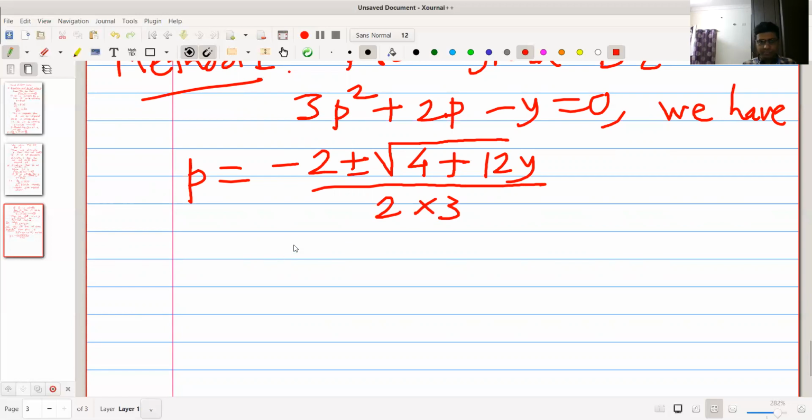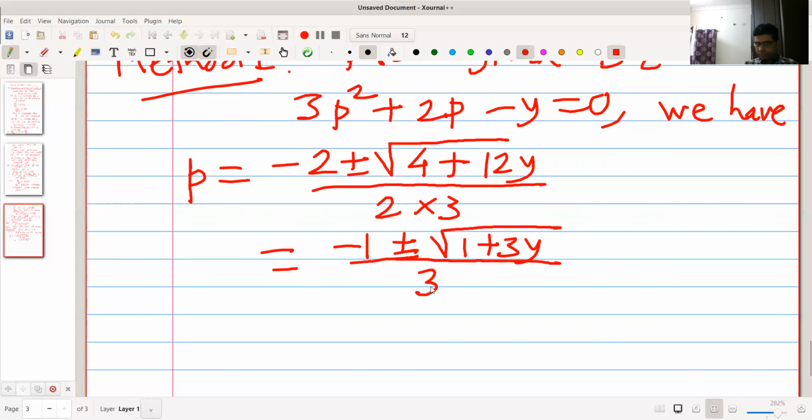So we have this as minus 1 plus minus square root 1 plus 3y, cancelling 2 from numerator and denominator. Okay. So the left hand side is p, meaning dy by dx.